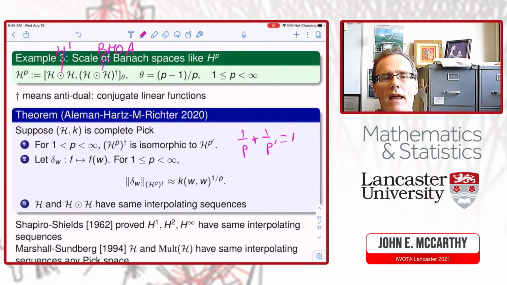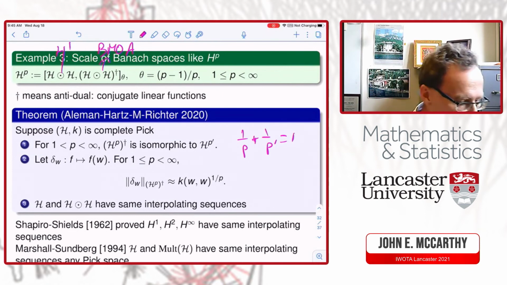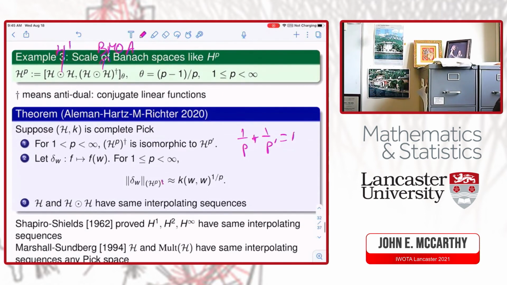We get that the evaluation functional at a point W, which we'll call delta sub W, is a linear functional on HP. Sorry, this should be HP star, not HP dagger.